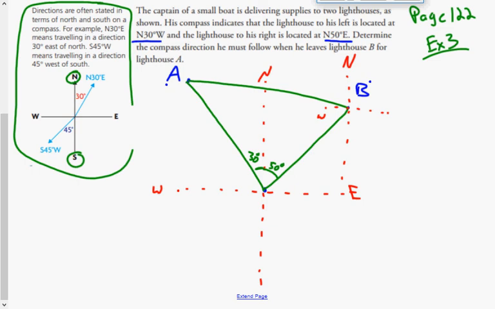Oh, wait, there's probably some more information that we should be given. Oh, yeah, totally. The drawing also has that it is 12 meters from A to B. That helps a lot, hey? So now look at here.